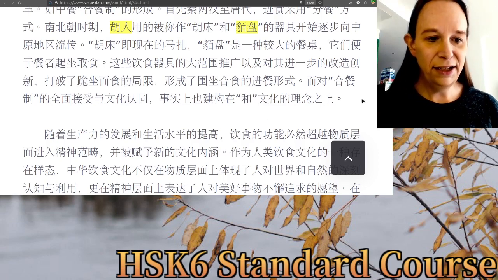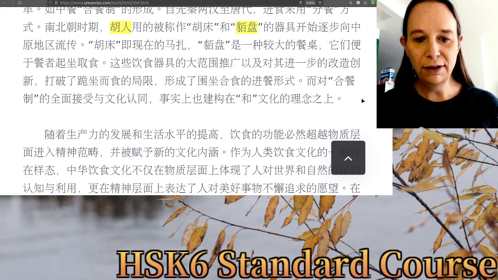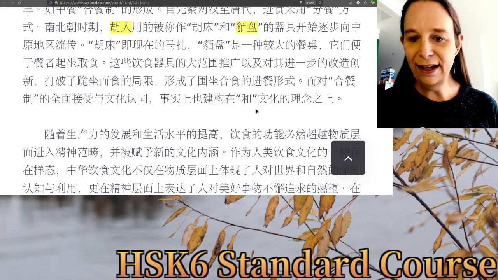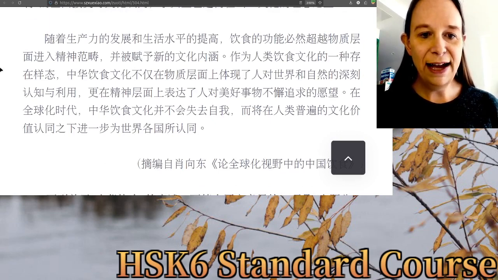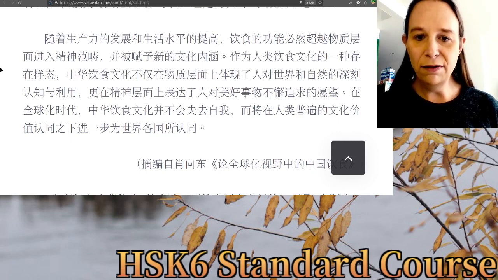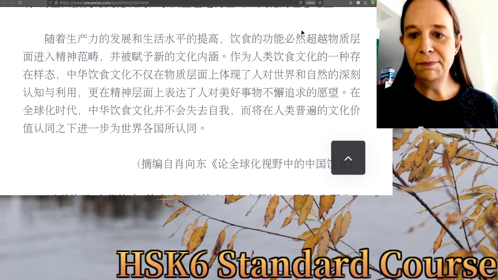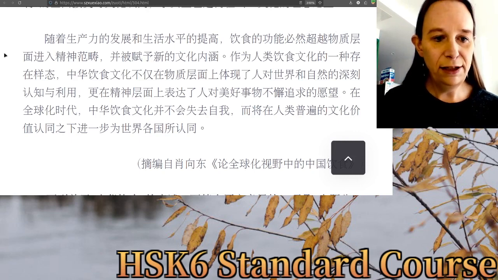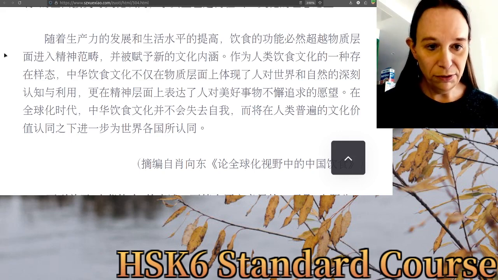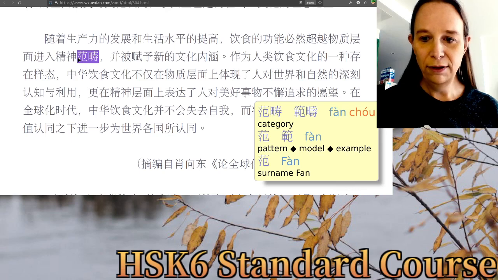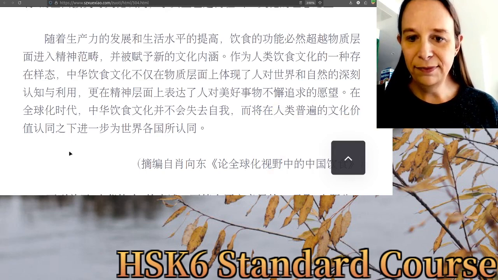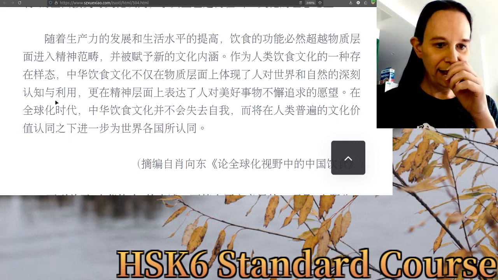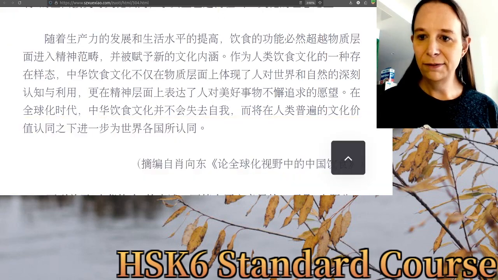而对和餐制的全面接受与文化认同，事实上也建构在和文化的理念之上。随着生产力的发展，和生活水平的提高，饮食的功能必须超越物质层面，进入精神范畴，对吗？范畴，并被赋予新的文化内涵。作为人类饮食文化的一种存在样态。What is 样态？存在样态。I'm not sure.